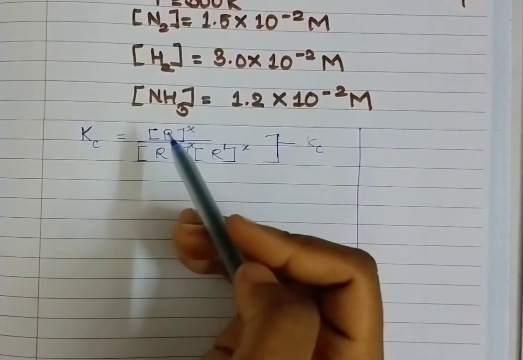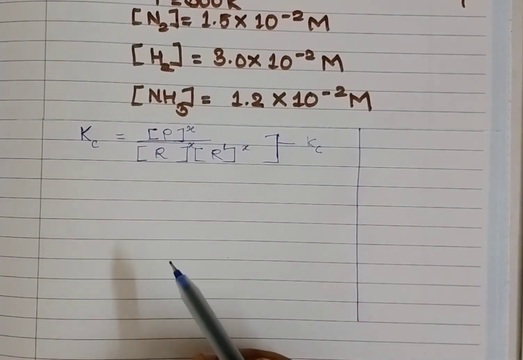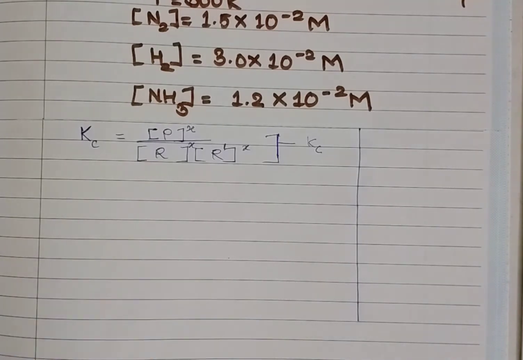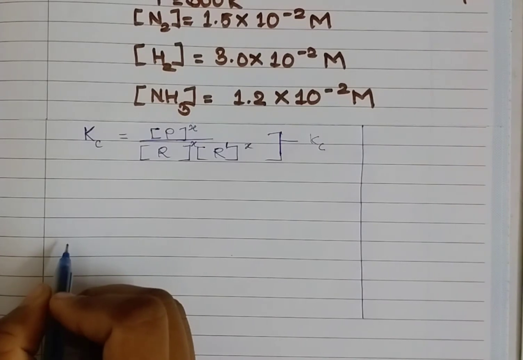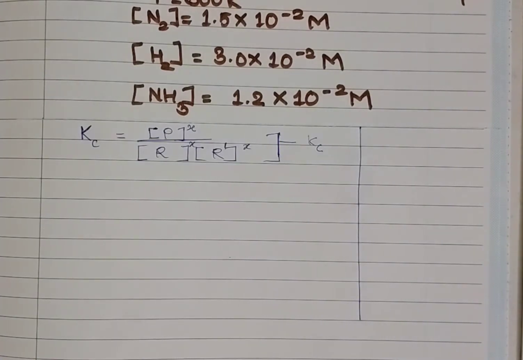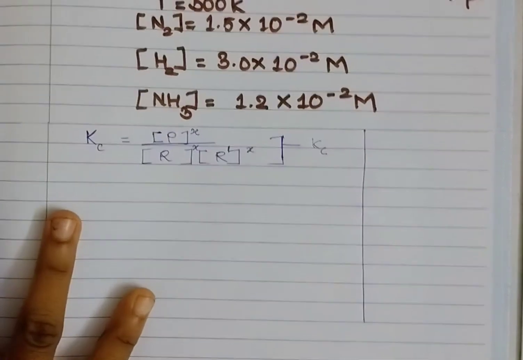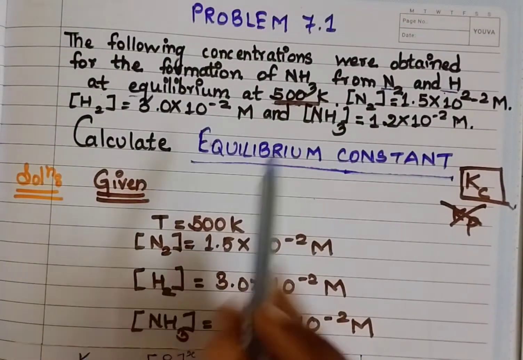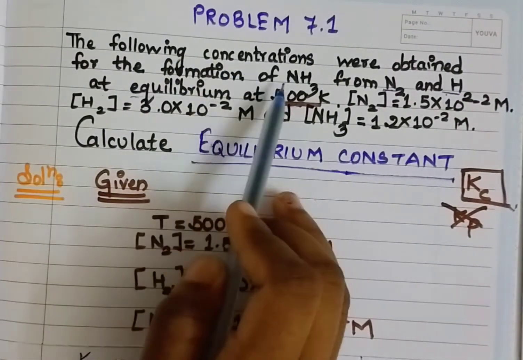They have told us to find the equilibrium constant. So here, what is the equation that is given? We are not given an equation, okay? So we will have to find out the equation. They have told us the formation of NH3. See, they've told us the following concentrations were obtained for the formation of NH3.